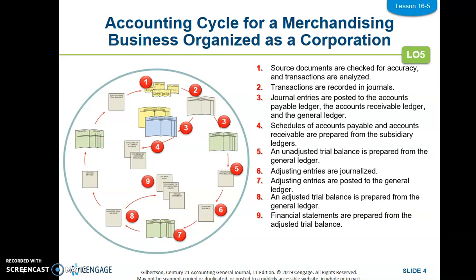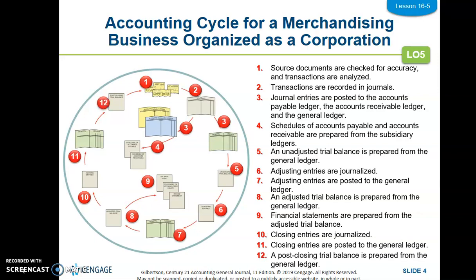Then we have the financial statements, which we've been focusing on during Chapter 16. Then you have the closing entries, which you just did in the last section of Chapter 16. The closing entries are then posted to the general ledger. And then a post-closing trial balance is prepared from the general ledger, and that is what we are doing in this section.